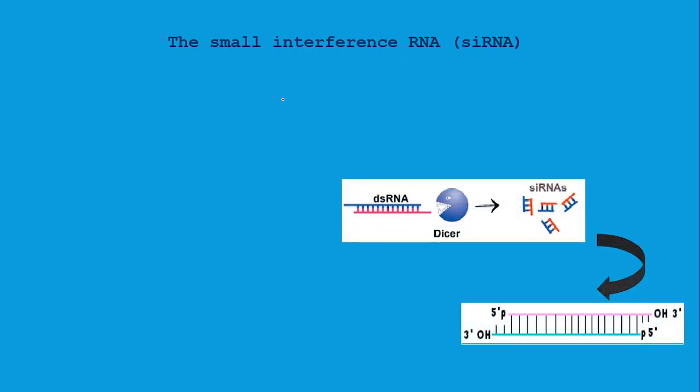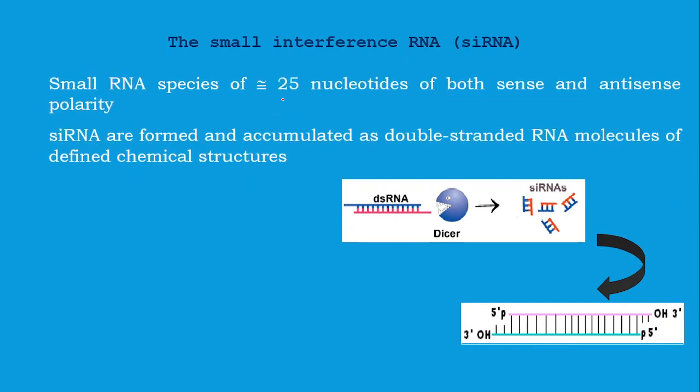So the Dicer converts the double-stranded RNA into the small interfering RNA, which are the effector molecules of this RNA interference. These are essentially approximately 25 nucleotides, of both sense and antisense polarity. The siRNAs are formed and accumulated as double-stranded RNA molecules of defined chemical structure.